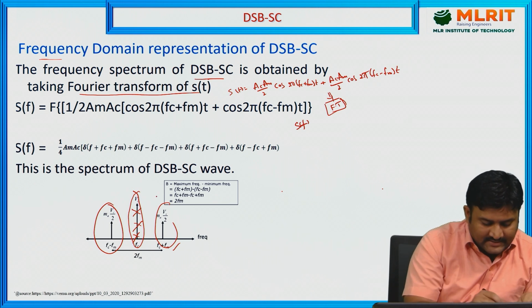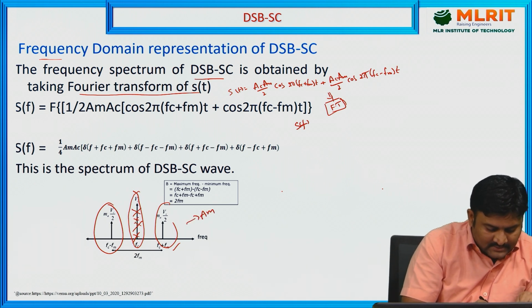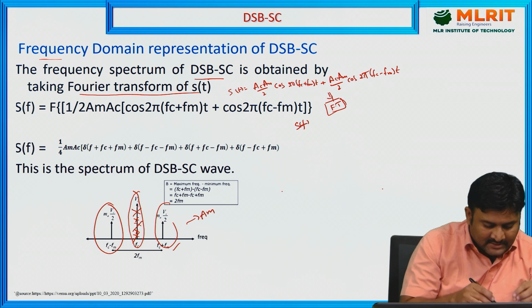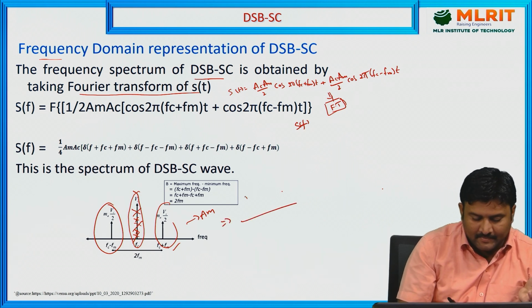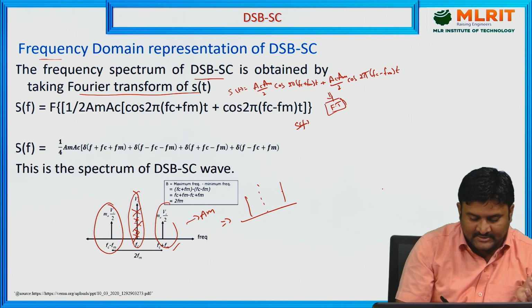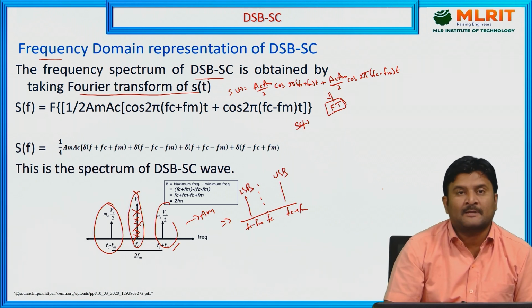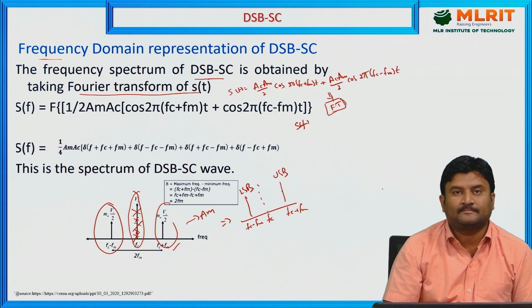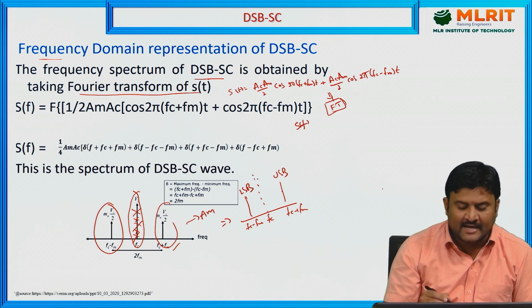Actually, this entire figure explains AM. When we suppress this dotted carrier, what we get is only the suppressed carrier fc, fc plus fm, the upper sideband, and fc minus fm, the lower sideband. This is the frequency spectrum of the DSB-SC. Why is this carrier frequency higher compared with these two?